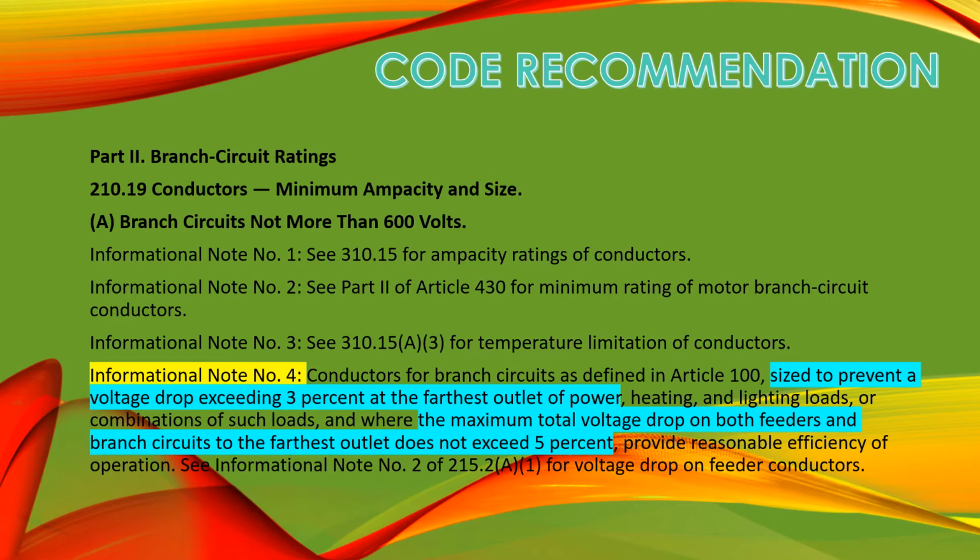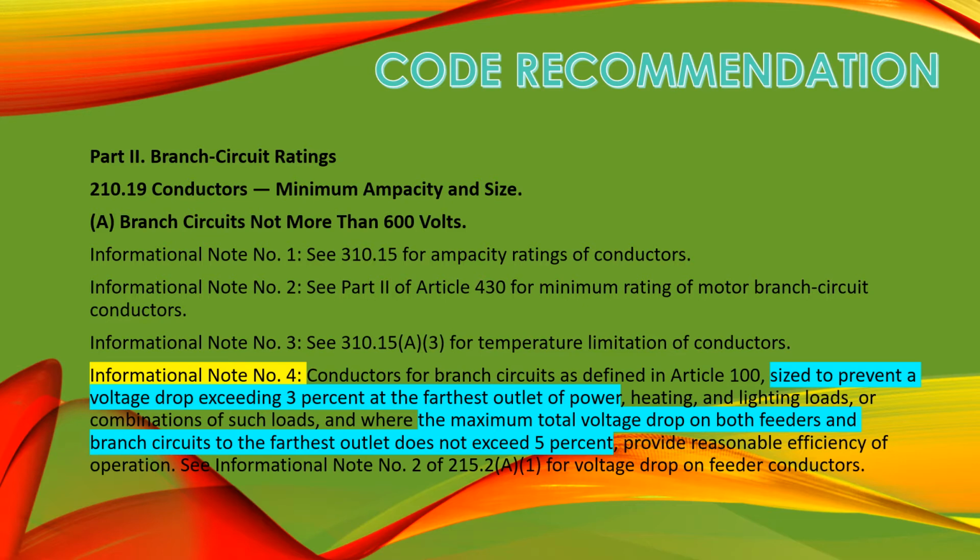So informational note number 4 clearly explains that for the branch circuit, from the branch circuit overcurrent device to the load, you have to limit your voltage drop to 3%. And for the feeder, from the source of your feeder to the end point of your feeder, you have to limit it to 2%.